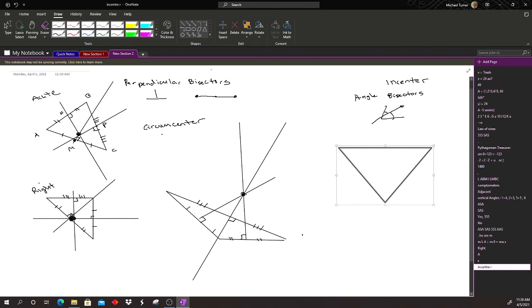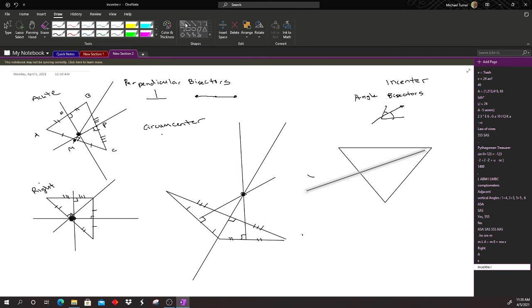So let's say I have, for instance, an acute triangle, and I am drawing all of the angle bisectors here. By drawing those three angle bisectors, again, roughly, because I'm doing this on the computer and it likes to be a little bit fidgety.